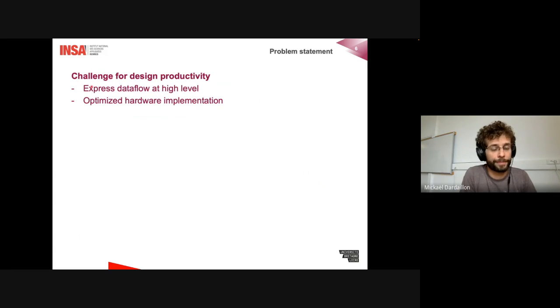So in terms of the challenges that we see and want to address in this work, in terms of design productivity, we want to express Dataflow at a high level. We don't want to write all the FIFOs and all the actors. And we want an optimized hardware implementation. At the end of the day, we want something that runs fast.